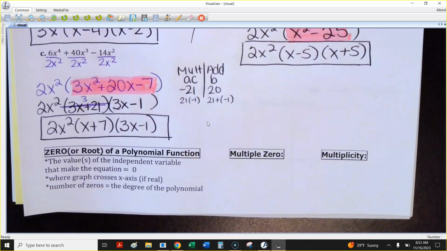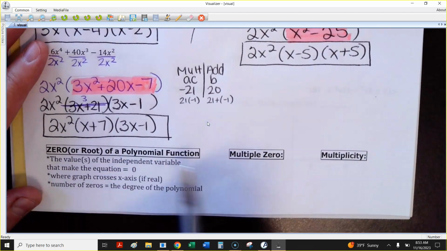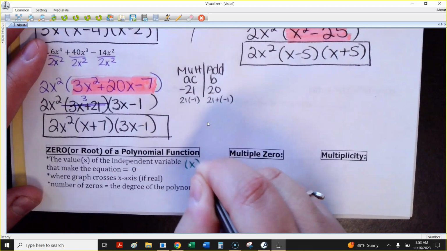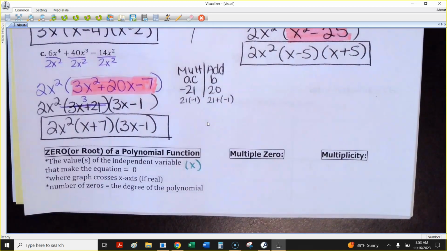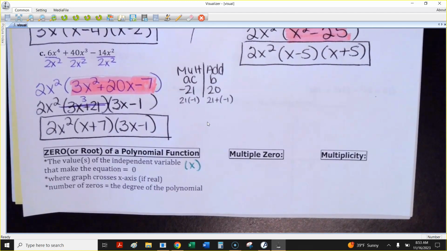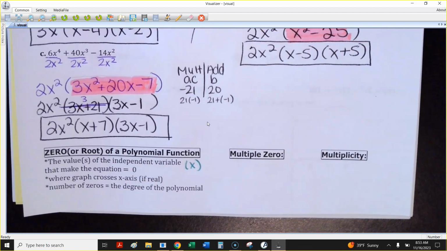If you're just doing the algebra, the zero is the value of the independent variable, which is typically x, and it makes your equation equal to 0. Graphically, it's where the graph crosses the x-axis. If it's imaginary, you can't see it on a graph.